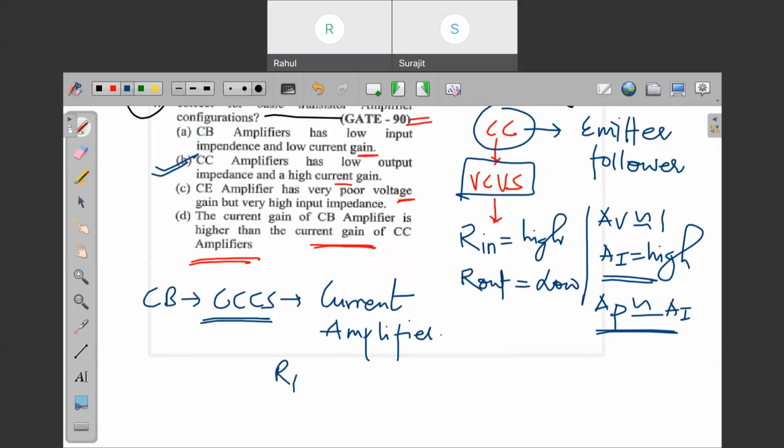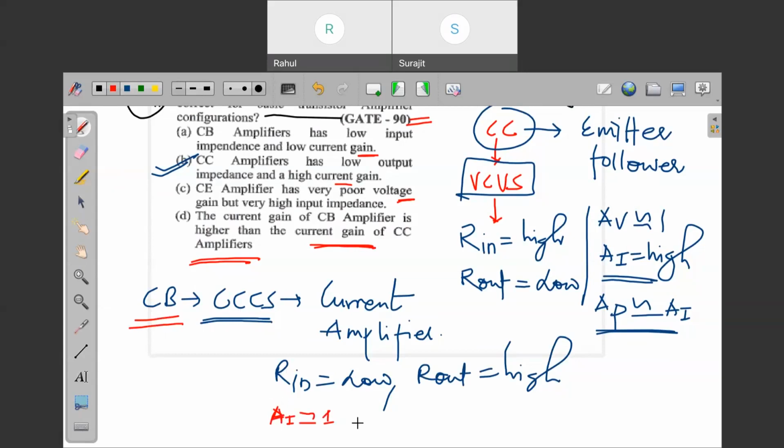It has Rin low and Rout high. If you consider this current amplifier as a current buffer, then Ai will be approximately 1. Your current gain will be approximately 1 and your voltage gain will be high. So your overall power gain will be approximately equal to the voltage gain only.